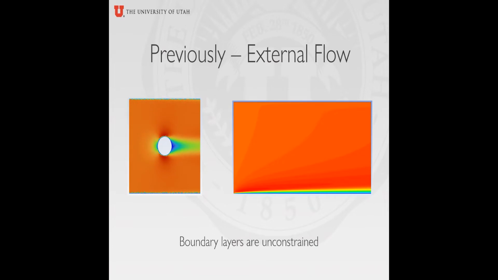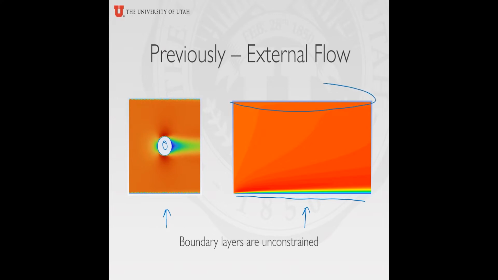The previous two simulations we did, the sphere on the left and the flat plate on the right, were both considered something called external flow, where we have a central object like the sphere, or an object that's on one side like the plate, and the external flow is considered almost infinite.